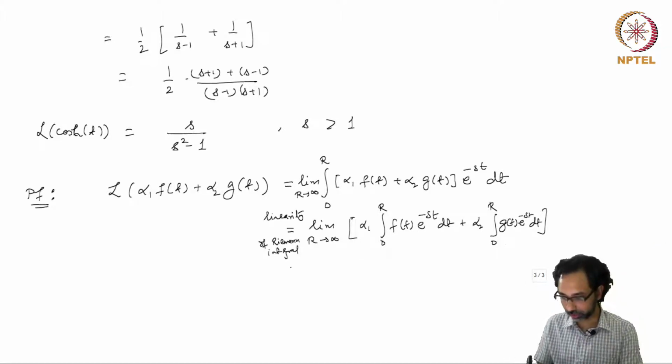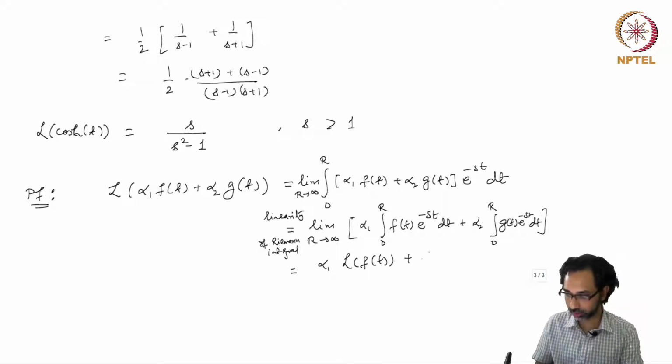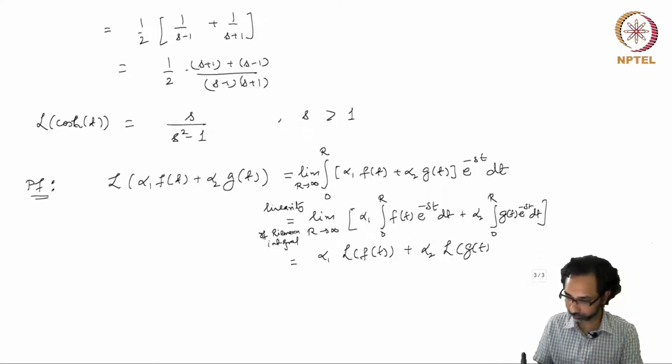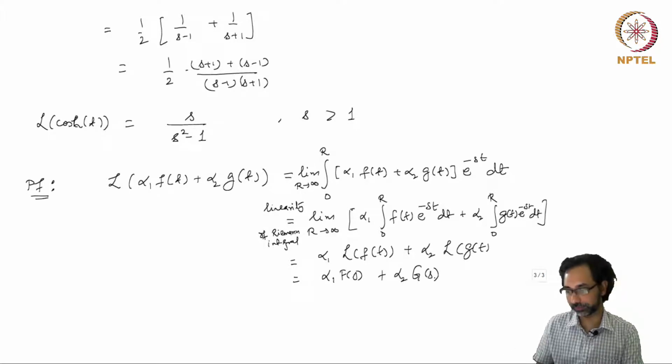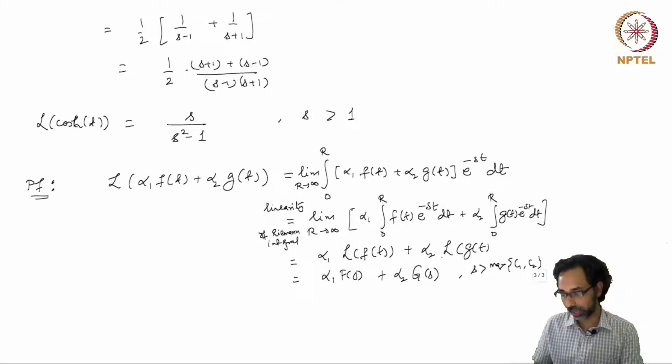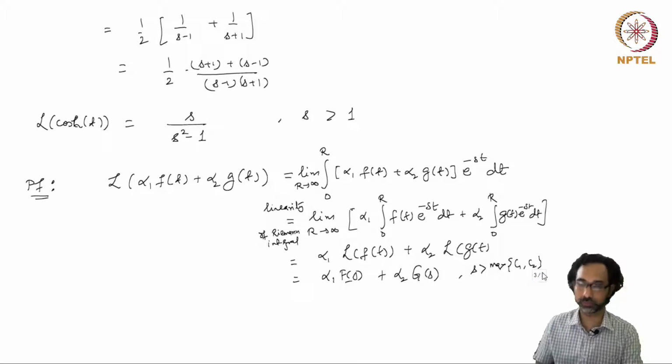And now you can take the limit inside and you easily get alpha 1 times the Laplace transform of f(t) plus alpha 2 times the Laplace transform of g(t), which is given by alpha 1 F(s) plus alpha 2 G(s), and this is for s greater than the maximum of c1 and c2, where we assume that capital F(s) is defined for s greater than c1 and capital G(s) is defined for s greater than c2.